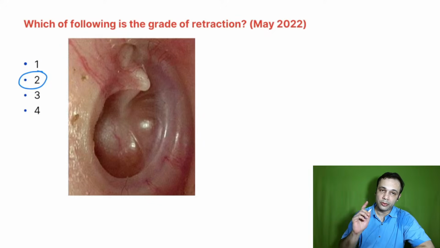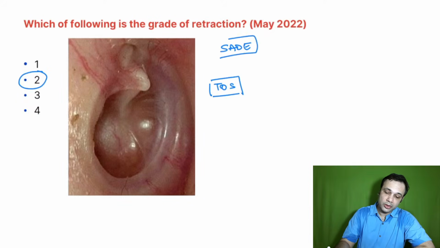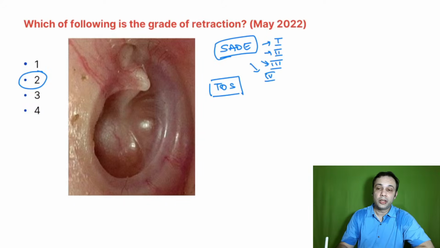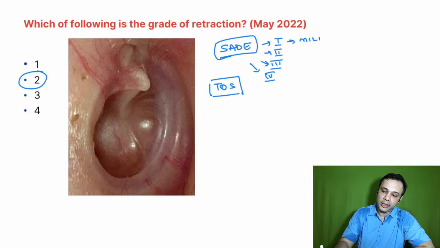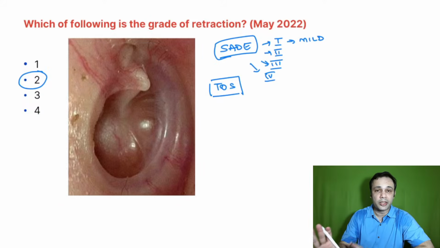Okay, so you have two important classifications here. One is the Sade classification for pars tensa and the Tos classification for pars flaccida. So when you talk about Sade's classification for pars tensa, you have 1, 2, 3 and 4. When you talk about 1, it is just a mild retraction. There's no significant prominence of whatever you see in this particular image.